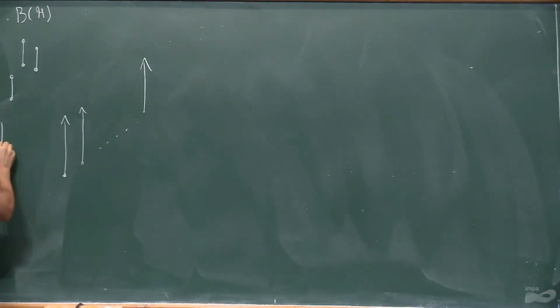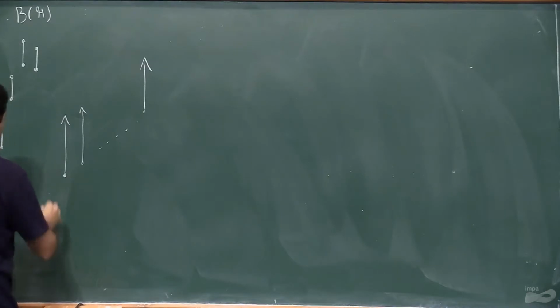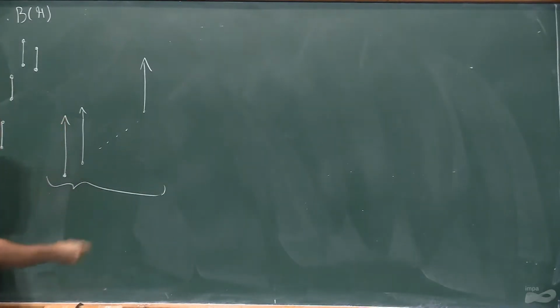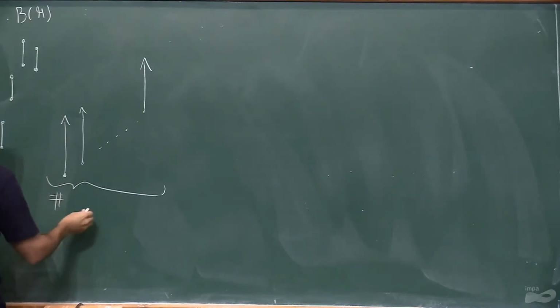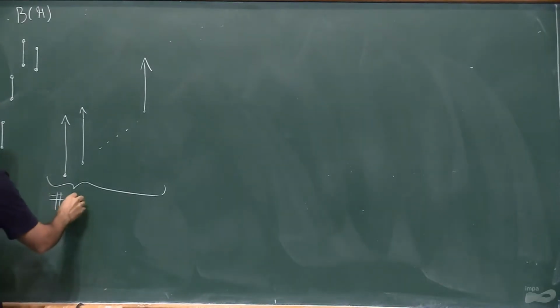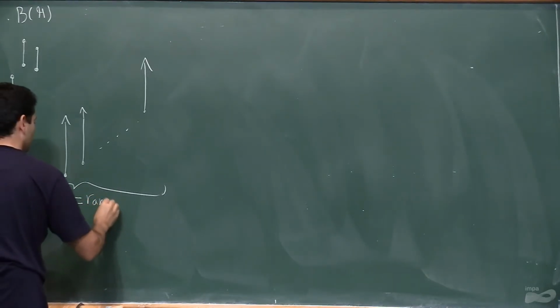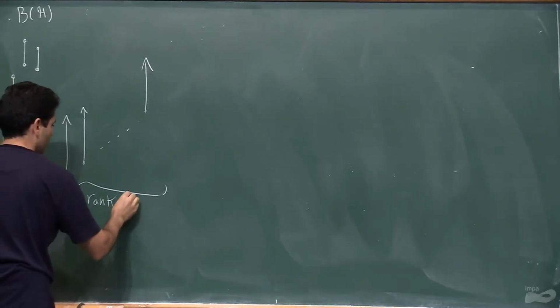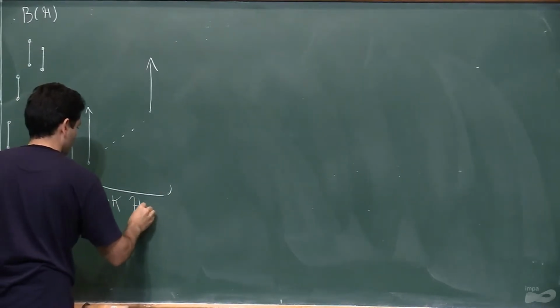So maybe I'll draw one more here. Okay, and as in the Morse case, the number of the half-infinite ones is equal to the rank of Floer homology of M, which is the same as the rank of singular homology of M.